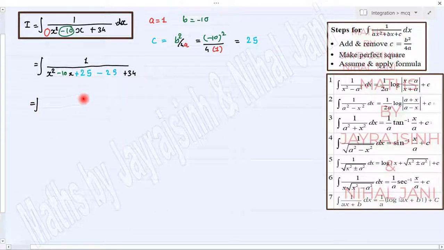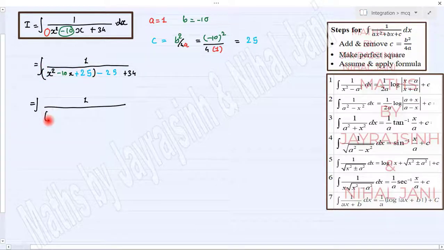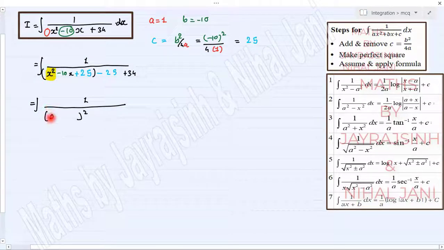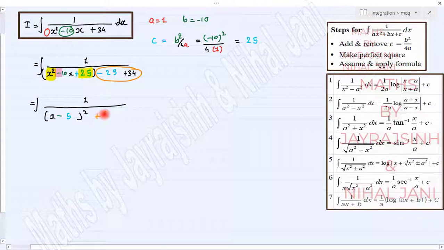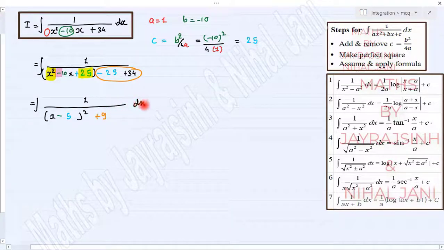So, as you can see, in first 3 terms, we will get a perfect square, which is made by root of first term, sign of middle term, and root of last term. And these two constants will give us plus 9 dot dx.